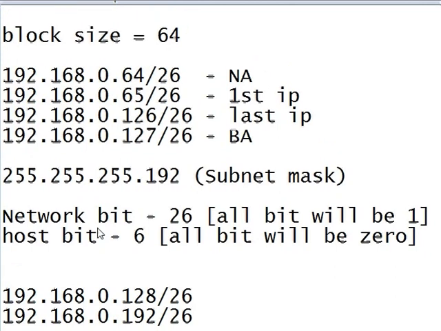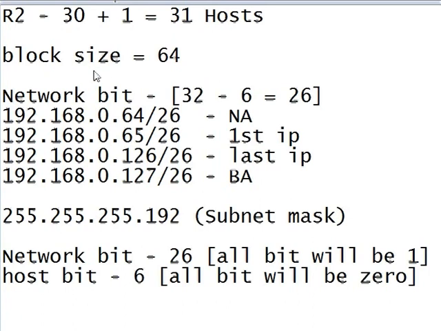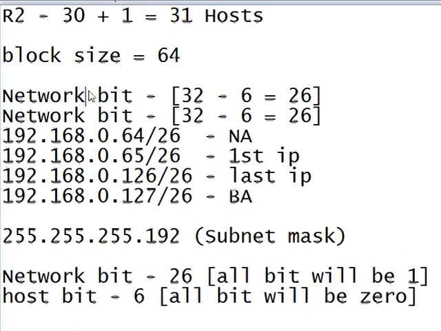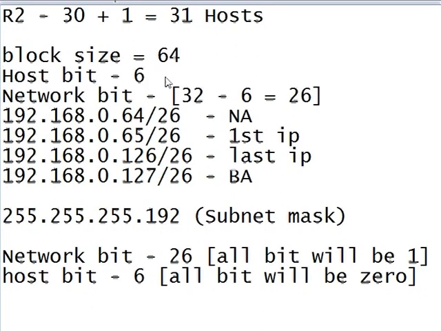From the requirement we have calculated, since block size is 64, host bit as 6 and network bit as 26, and the same way we need to go for borrowing the bits.